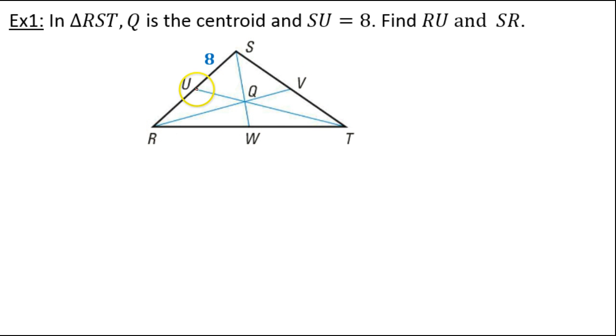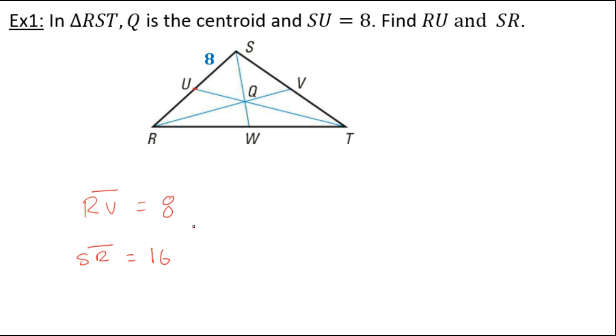So U has to be the midpoint of SR, meaning if SU is 8, then segment RU is also 8. Then it asks us to find what SR is. SR would be the entire segment. If I have two pieces that are both 8 and I want the entire thing, this would be the equivalent of 16.